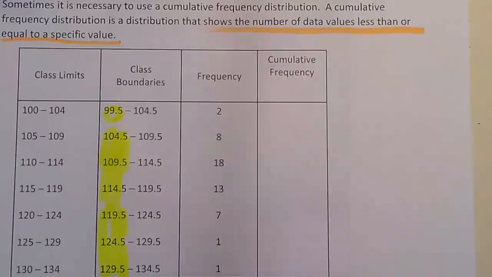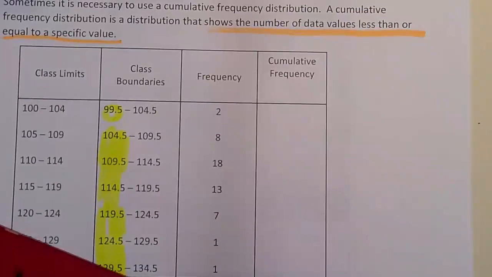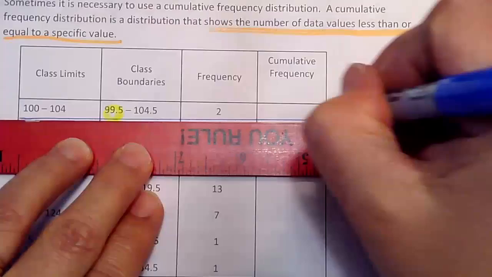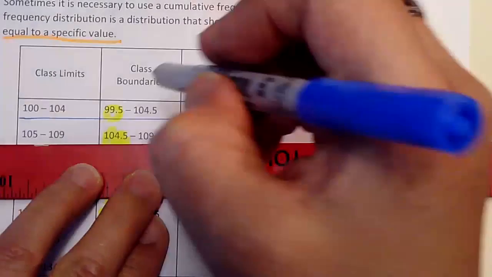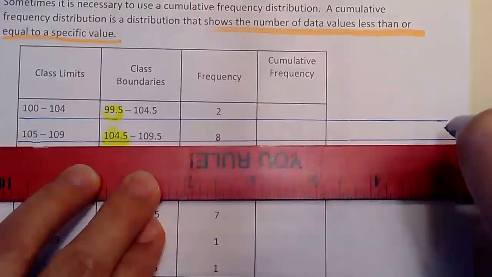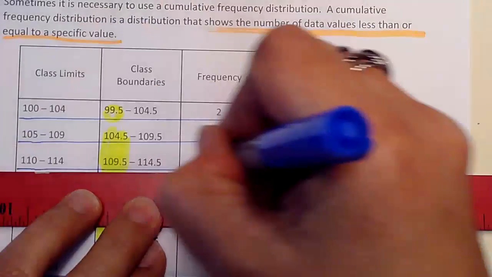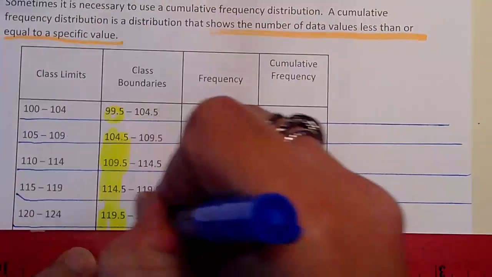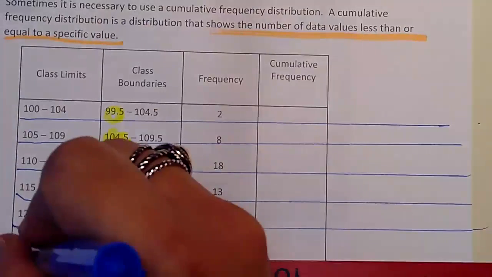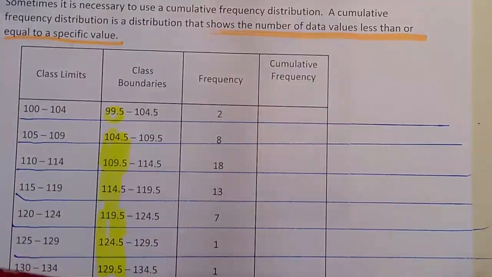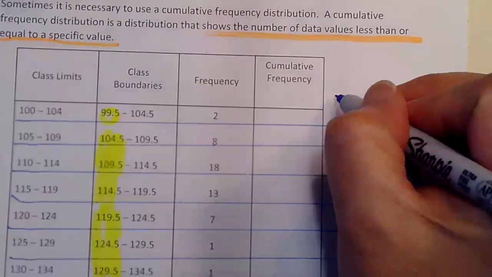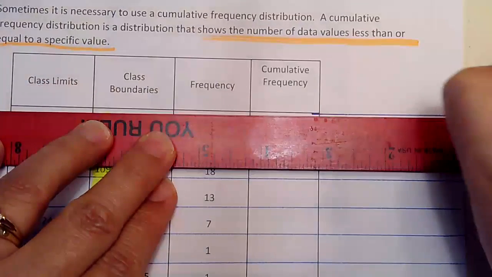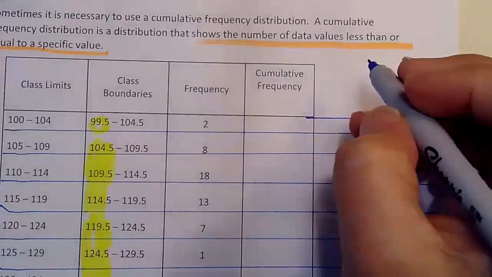So what I'm going to do is put these rows in. And this part, I've seen this in your textbook. That's why I'm going to write this in, to say how many data values were.